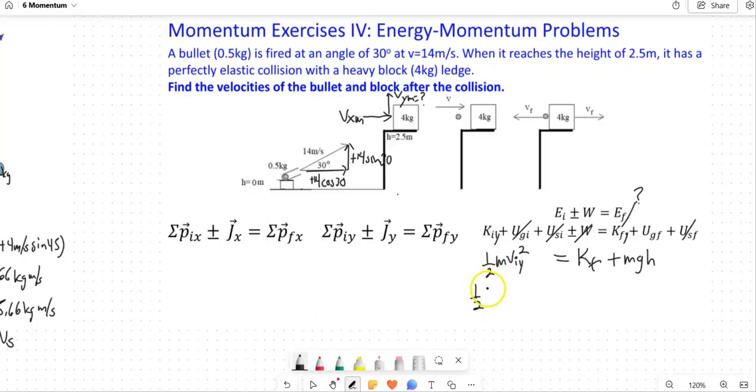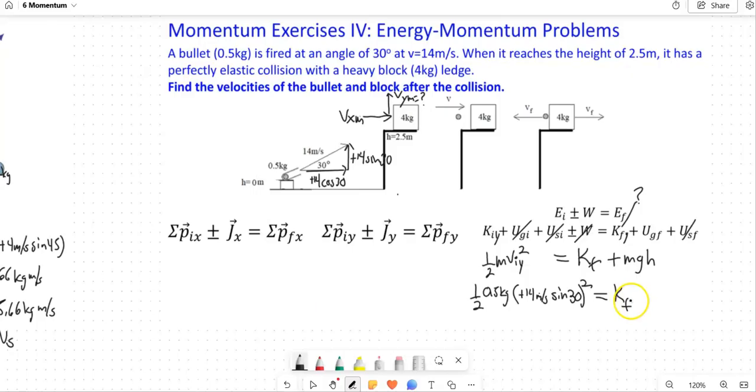So this is going to be 1/2 times 0.5 kilograms times the initial velocity in the y direction, which is positive 14 meters per second times sine of 30 degrees, squared, plus the final kinetic energy on the other side.